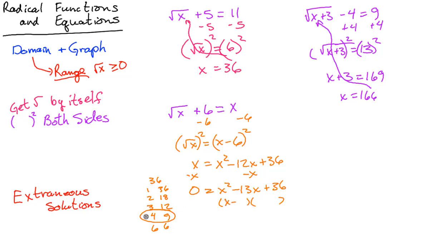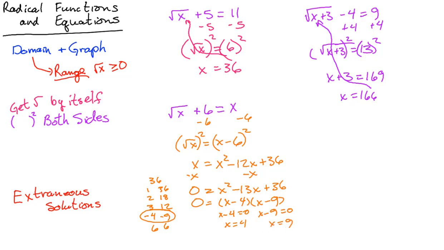Better do negatives here: minus 4 and minus 9 are what give us 36, adding to negative 13. Excellent. So set each piece equal to 0: x minus 4 equals 0 gives us x equals 4, and x minus 9 equals 0, x equals 9.